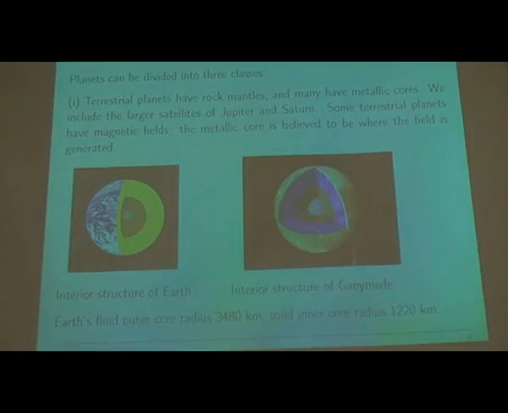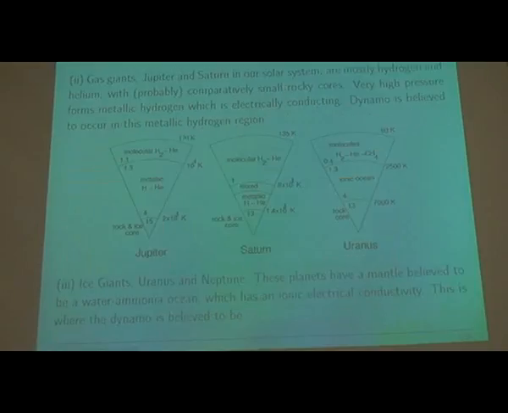What really counts is the internal structure, and these giant satellites of Jupiter are as large as some of the planets going around the Sun, nearly the same size as Mercury. So Ganymede is believed to have a dynamo, and the Earth seems to have a dynamo, and magnetic fields are generated in those cores.